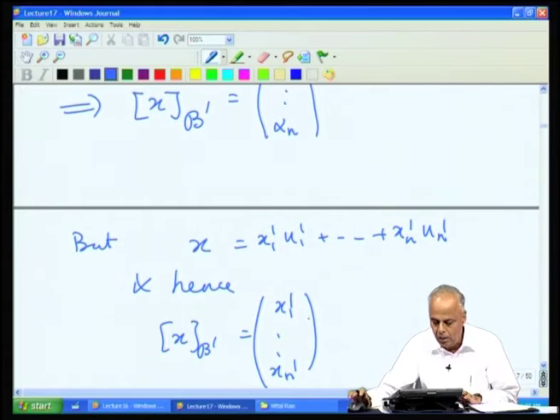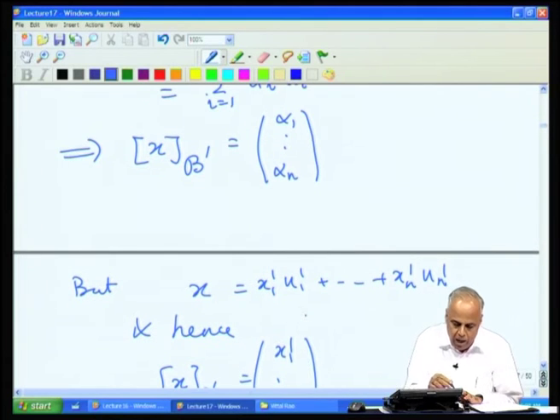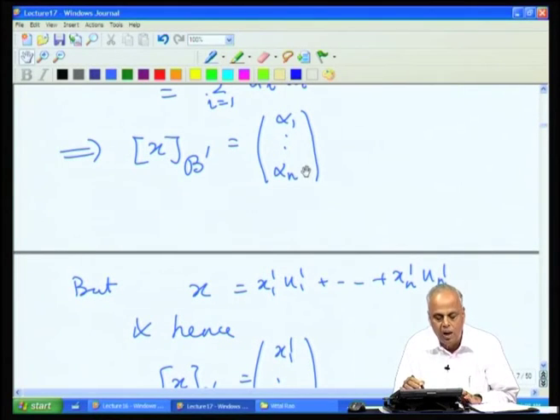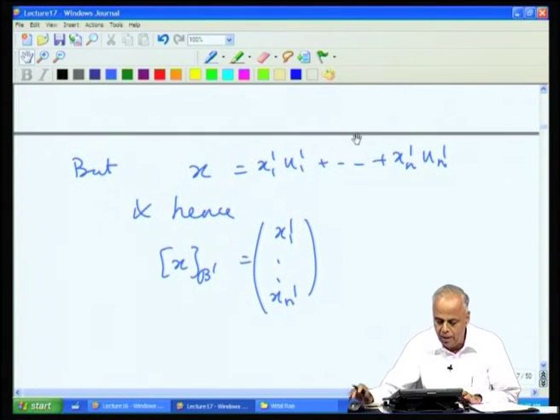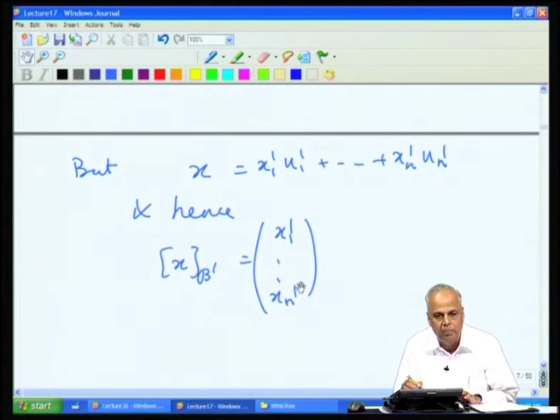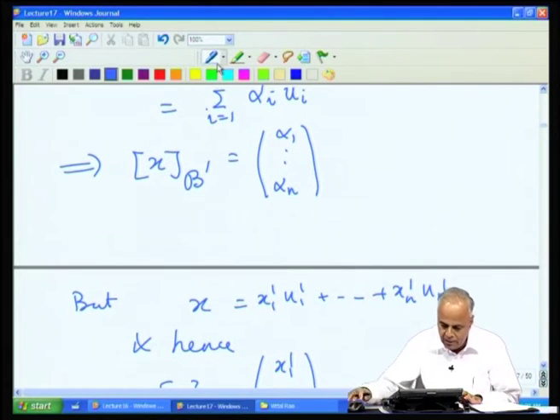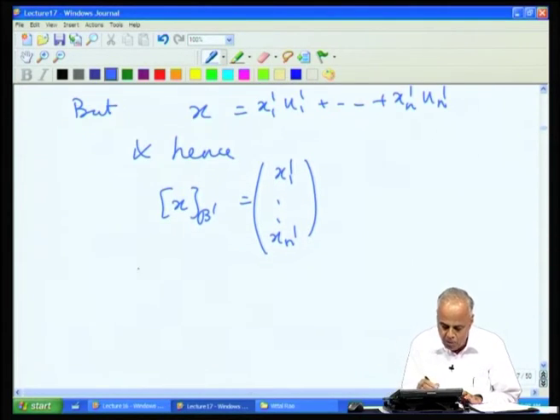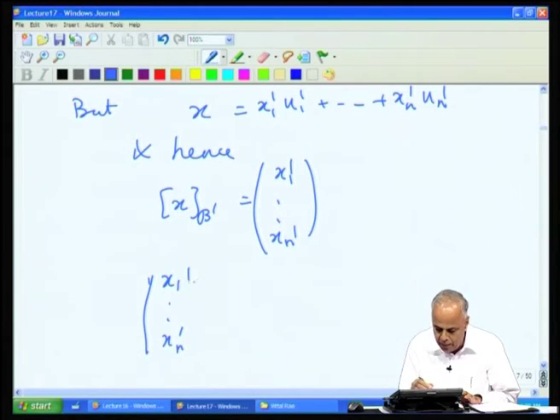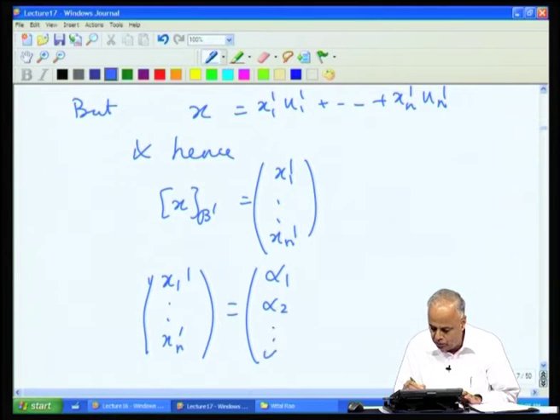On the one hand, we have x_B' as alpha 1, alpha 2, ..., alpha n. On the other hand, we have x_B' as x_1', x_2', ..., x_n', and that says that the vector x_1', x_2', ..., x_n' must be the same as the vector alpha 1, alpha 2, ..., alpha n.